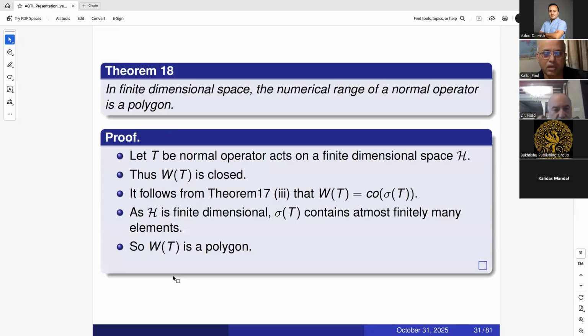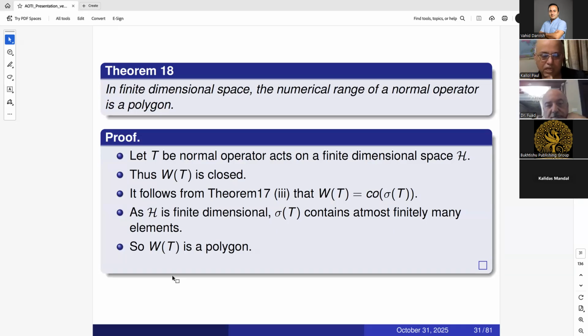If you are working on a finite dimensional space, then the numerical range of a normal operator is always a polygon. For finite dimensional spaces you have to be very careful. If you look at a normal operator on a finite dimensional space, W(T) is always closed.